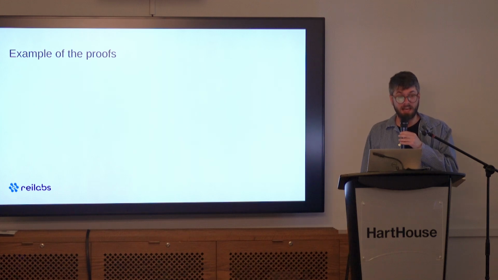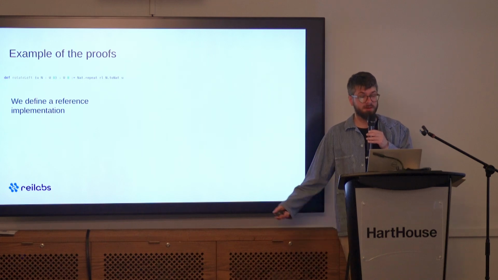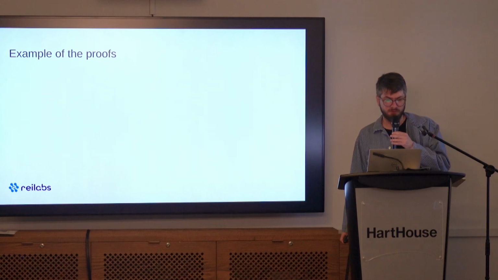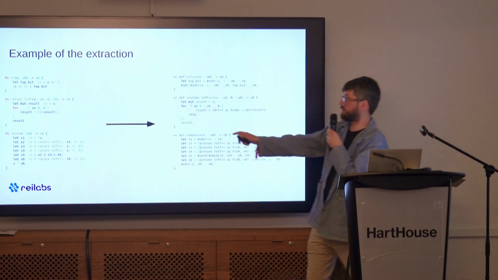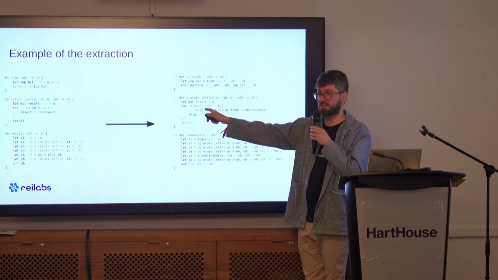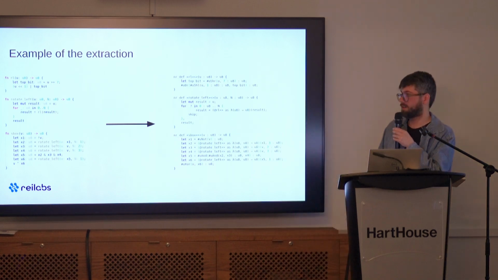Now, once we have the semantics and we have the DSL, we can start doing proofs. Here's an example of a proof that we have about Noir code. If you recall from a few slides ago, I have this rotate left function, which I've extracted to this rotate left function here. Again, you basically take a U8 and rotate left another U8 number of times.